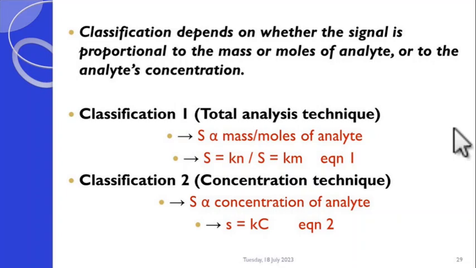Now, if your sample is being classified based on the fact that the signal is proportional to the mass or the moles, here we are saying that you are going to use total analysis technique.